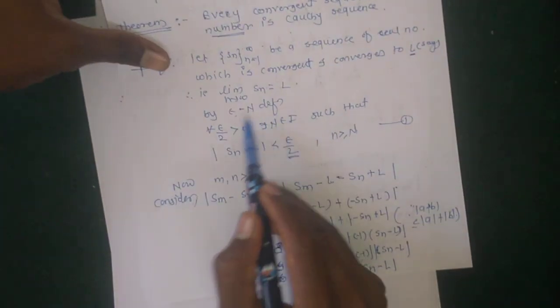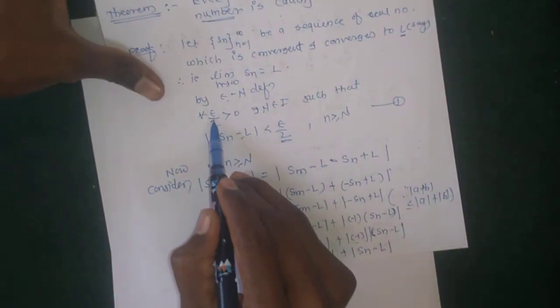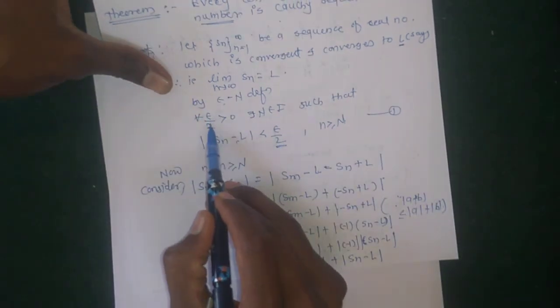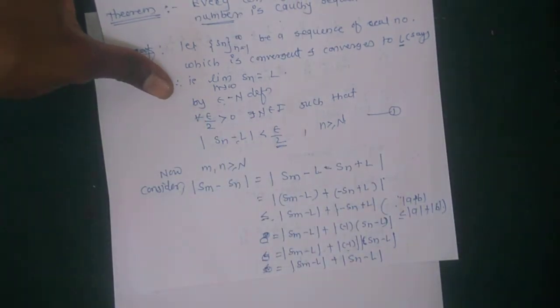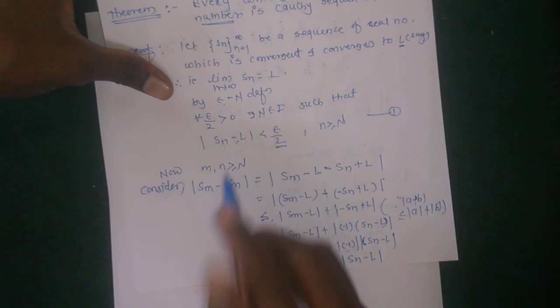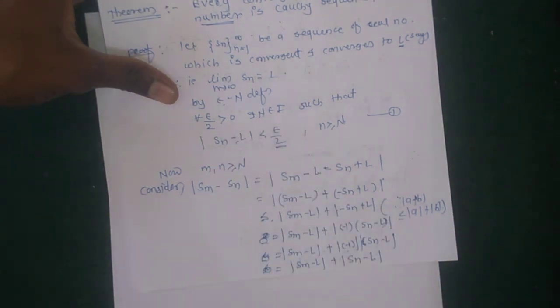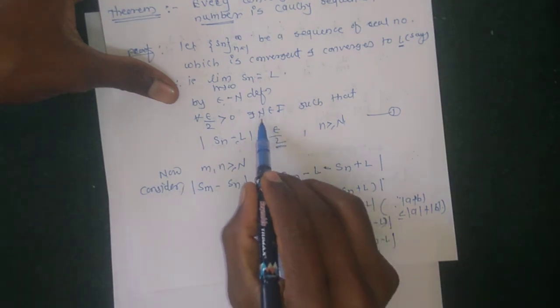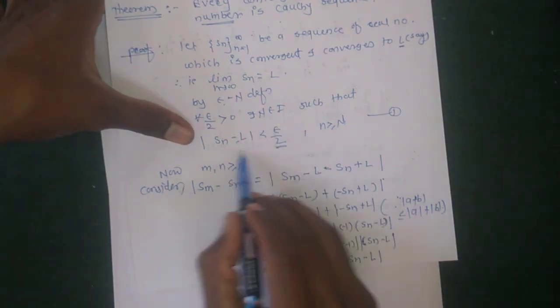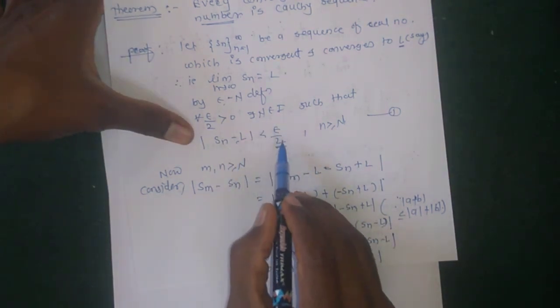Therefore by the epsilon-N definition, taking epsilon upon 2 greater than 0, then there exists a positive integer N such that we satisfy this condition, mod Sn minus L is less than epsilon upon 2.